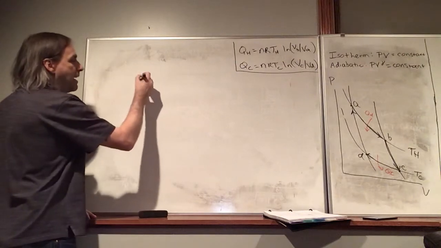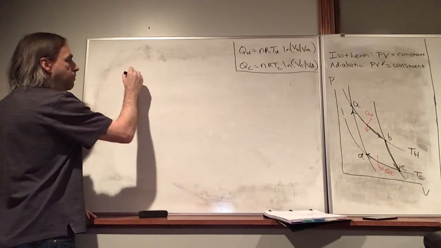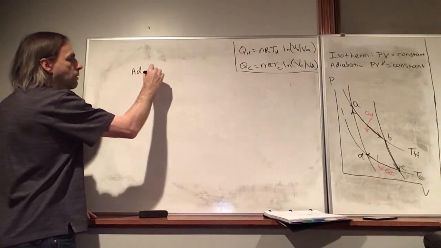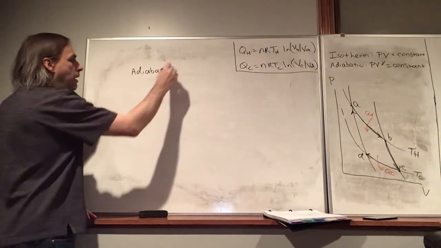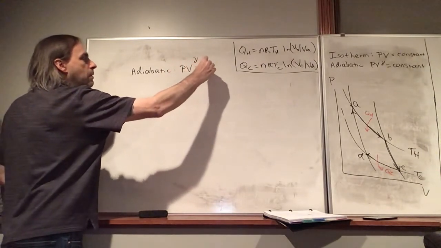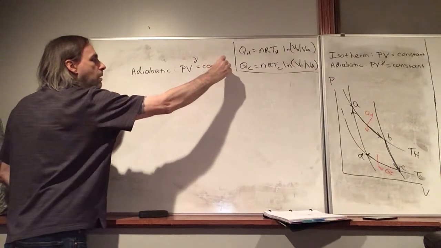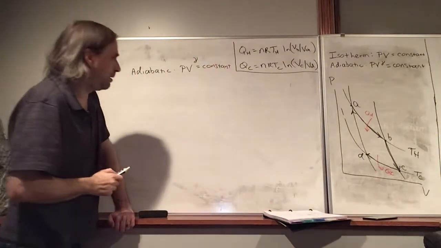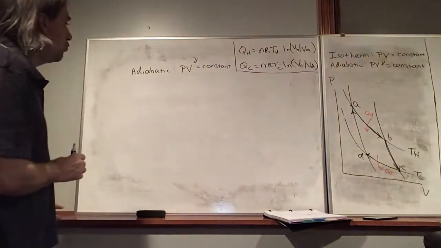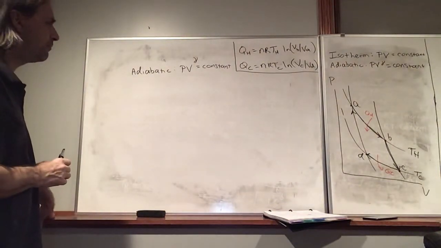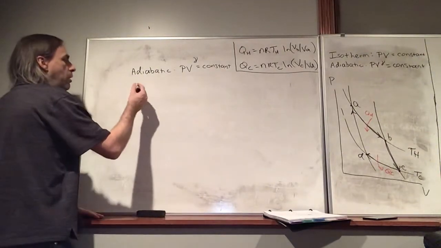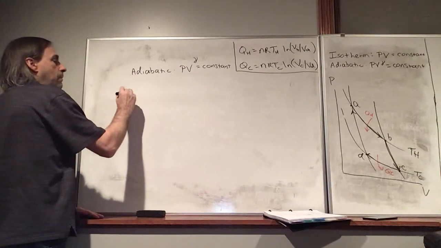So for an adiabatic process, we have PV to the gamma is a constant. Okay. So what I'm going to do is write this in a particular way, which is legal algebraically.